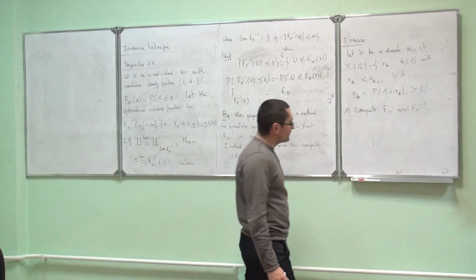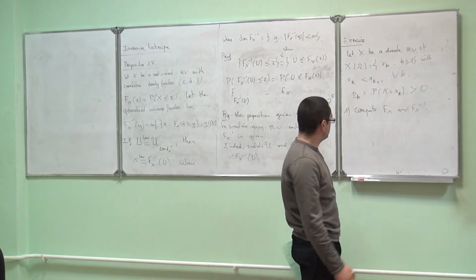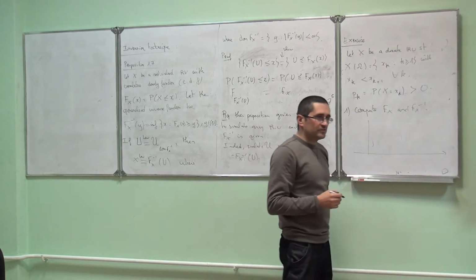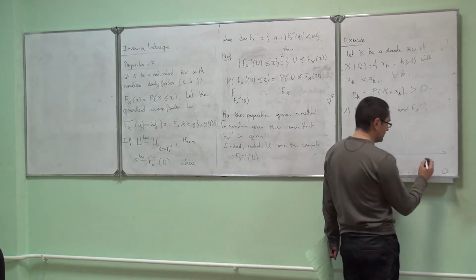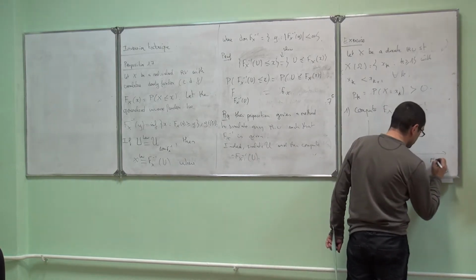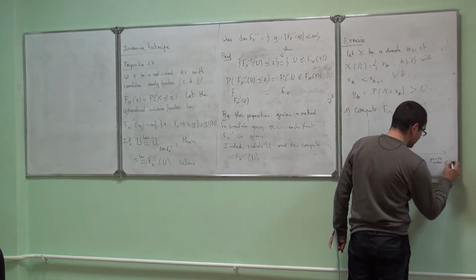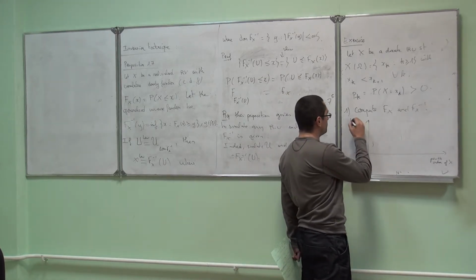So, to compute Fx, just think of its graph, actually. What is the graph of Fx? See something like that, where on the first axis you represent the possible values of capital X, and then here you represent the probability that X is less than x, that is Fx(x).